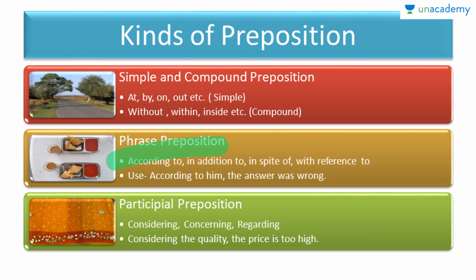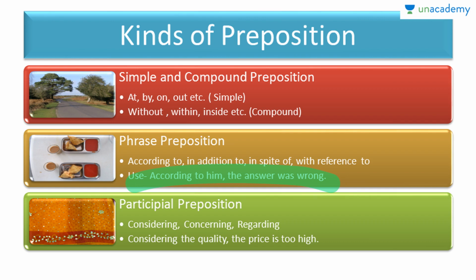Here are some examples: according to, in addition to, in spite of, with reference to. All these combine together and collectively are known as phrasal prepositions. For example, we can see a use in this sentence: according to him, the answer was wrong.